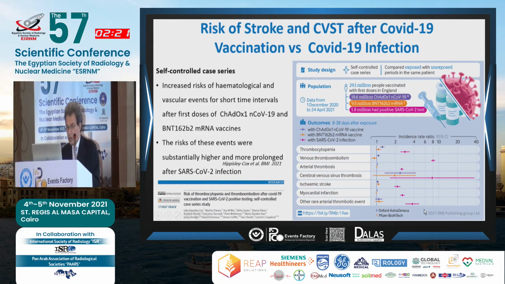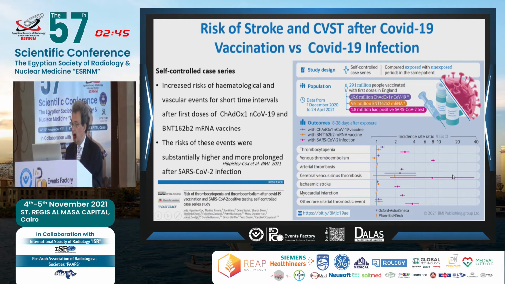So on this almost last slide, what about the risk of stroke or venous thrombosis after COVID-19 vaccination versus only the infection? Does vaccination increase it? Are you worse off with your vaccine? If you look at the colors, this is with COVID infection, and this is with two different vaccines.